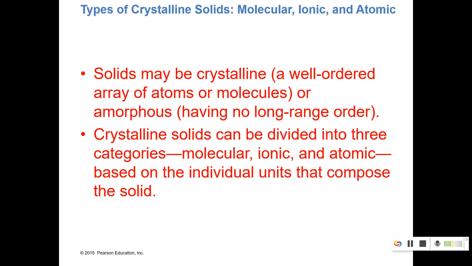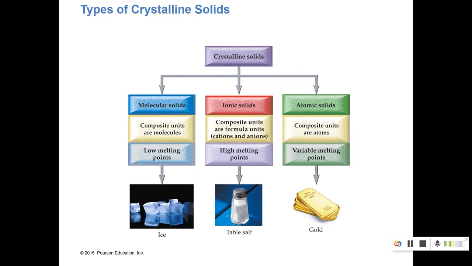Okay, so there are 3 categories that crystalline solids will be divided into. If you want to write stuff down now, you can. There are also slides for each of these. Molecular solids. These are like normal molecular compounds. These are ones that we do IMFs for.